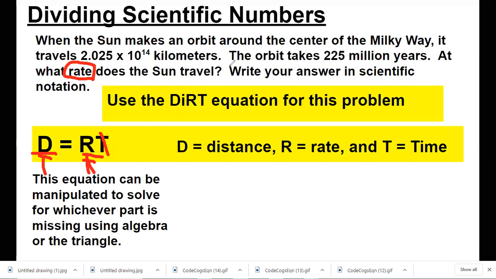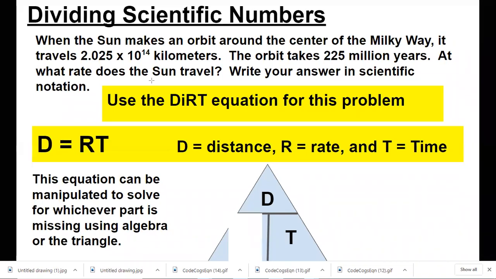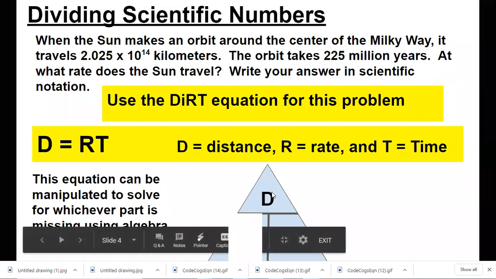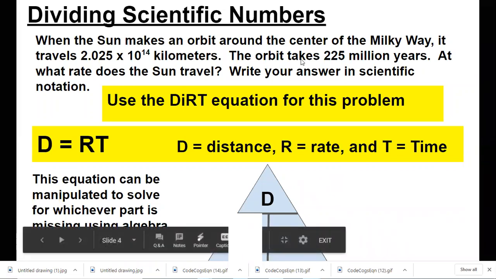So we are going to be doing a division problem because we are given distance and we are given time. However, if you don't want to use algebra, you can use the fun triangle. In the triangle, we're looking for rate, so I would cover up rate, and there's my formula to find it: distance divided by time, D over T. So that's another way of doing it if you prefer to use the triangle instead of algebra.